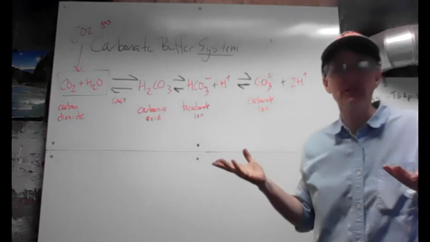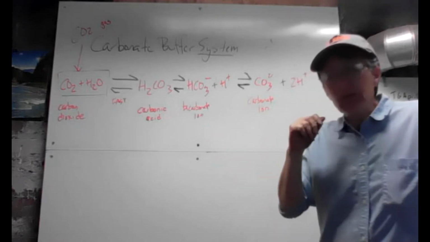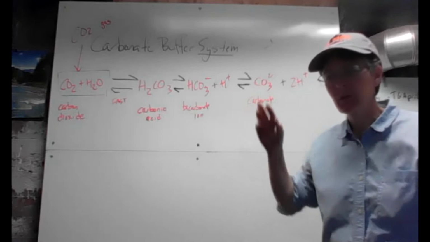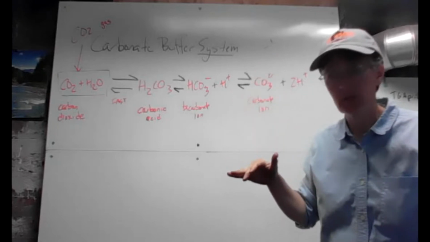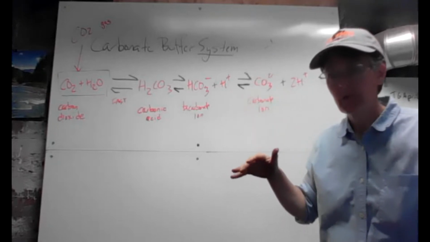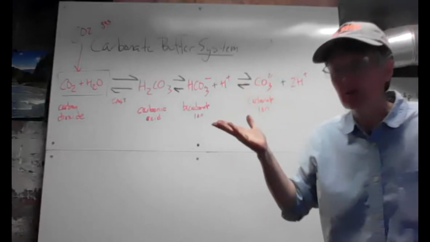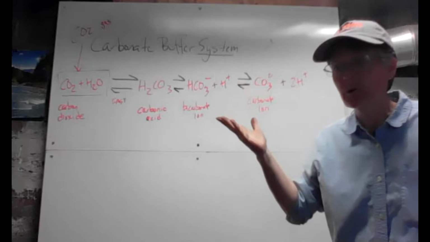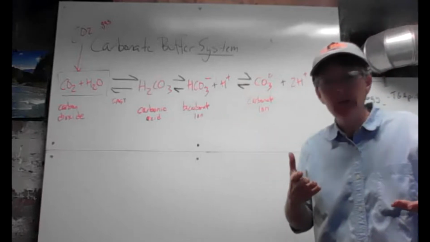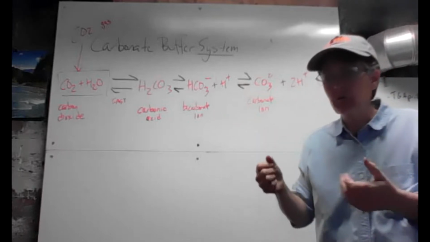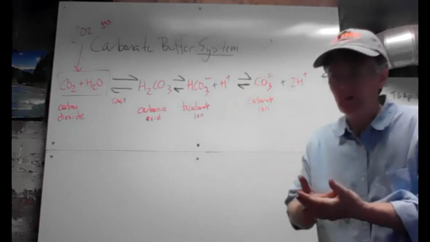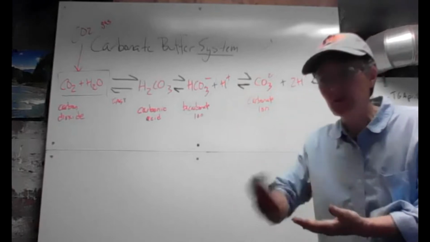Let's say that some acid rain falls on this lake. It may be sulfuric acid, because it's from fossil fuel combustion, or nitric acid. These are strong acids, which means that when you put them in water, they give up their protons and they don't want them back.